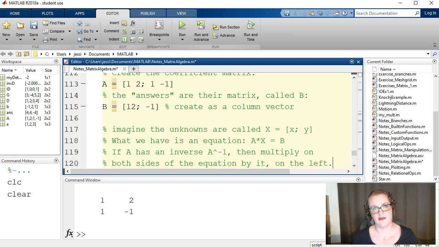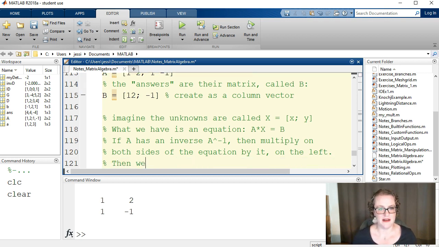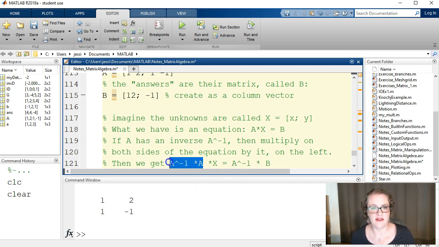on the left. Remember, with matrix multiplication, you have to specify, are you multiplying on the left or the right? Then we get A to the -1 power times A times X, and that's going to equal A to the -1 power times B. Matrix multiplication is not commutative, but it is associative, which means we can do this first instead of having to do this first.